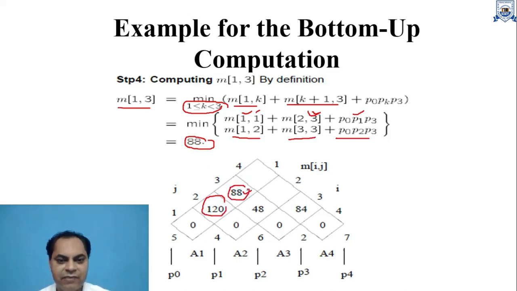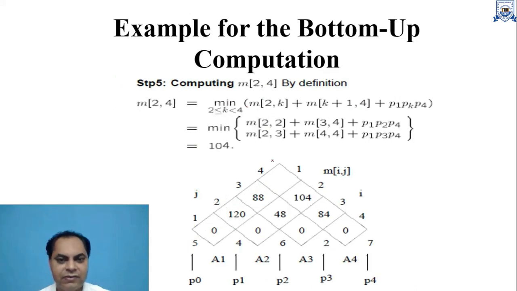So we have stored 88 over here for M13. Similarly we will store M24. Again the value of k varies from 2 to 3. When k is 2, it is M22, then M34, then this value. If it is 3, it is M23, M44. Now we find the values of these, and we get the minimum value 104, so we store 104 over here.